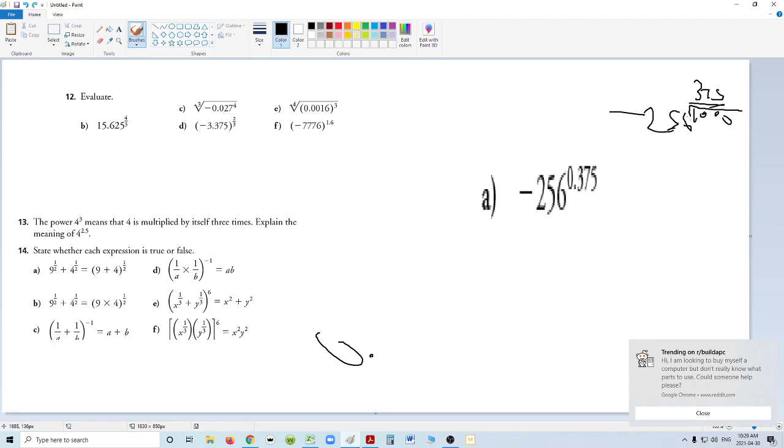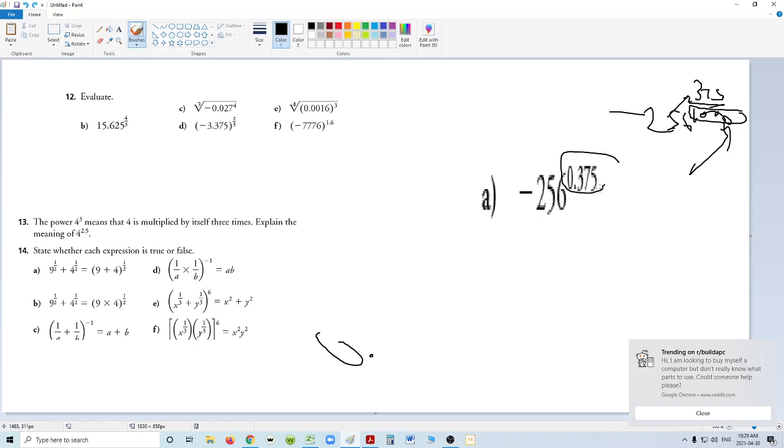Now, interestingly, I guess this minus is outside, because otherwise they would have put it as brackets. You can't do it if this minus was inside, because that's an even root. However, it's an odd power, so it's interesting if I'd powered it first. No, it's still an even root.